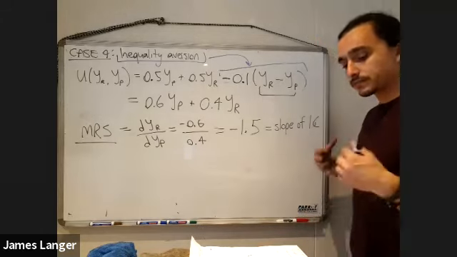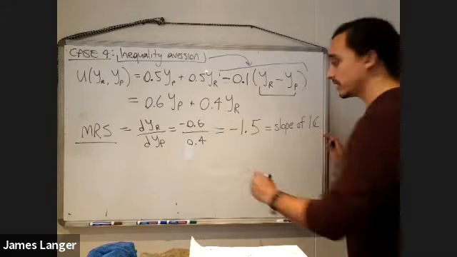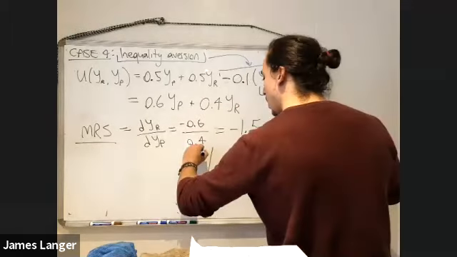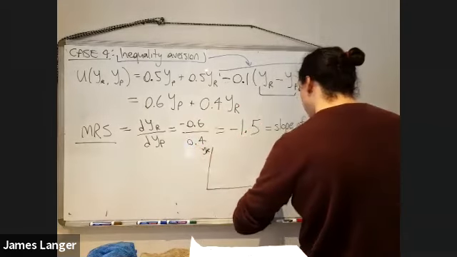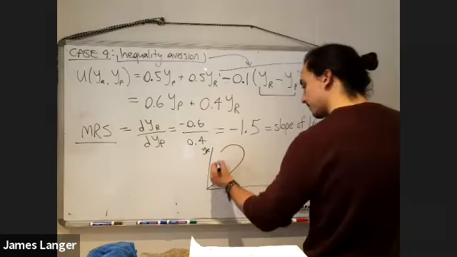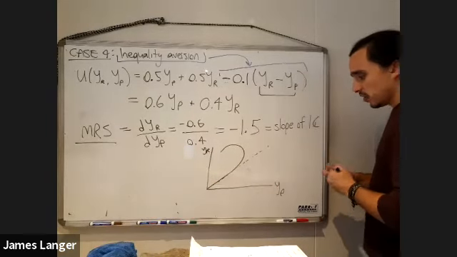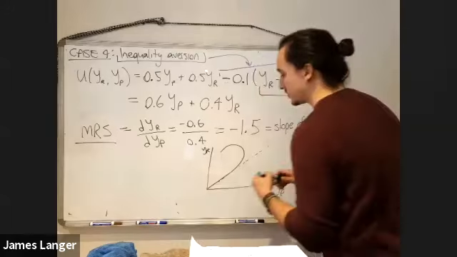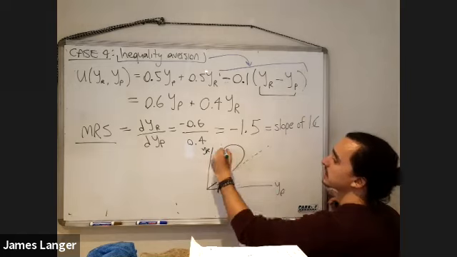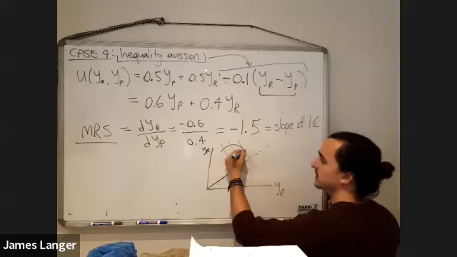Okay, so we've seen that it's minus 0.6 over 0.4. So finally, we can draw our graph here. We can say YR, YP. Remember, that's my 45-degree line. And essentially, rather than maximizing at that point of 1, we maximize at some other point.